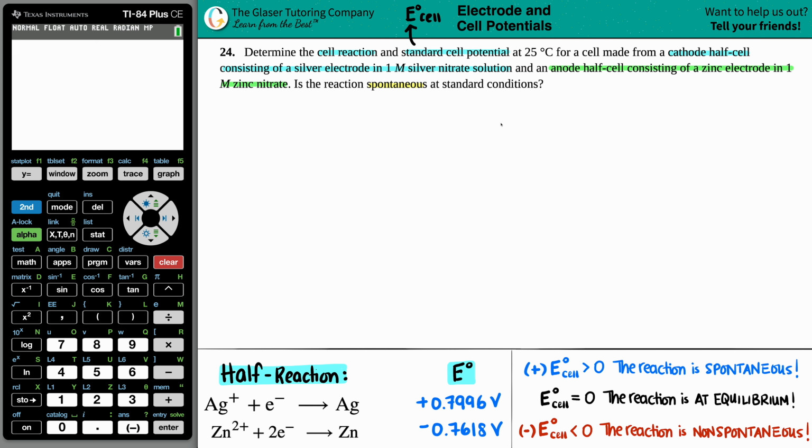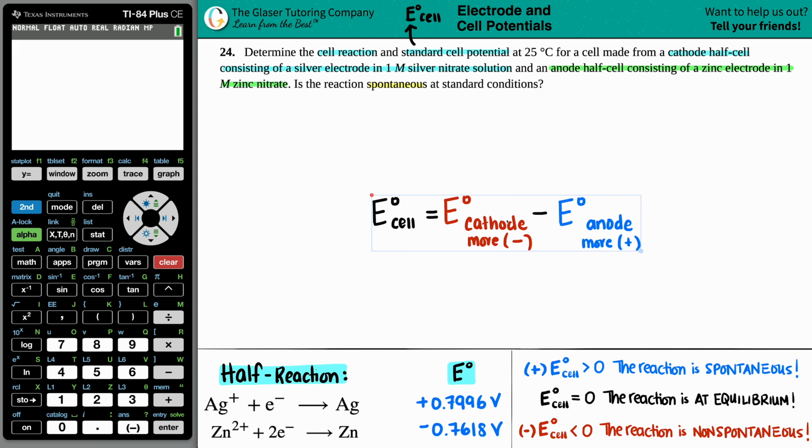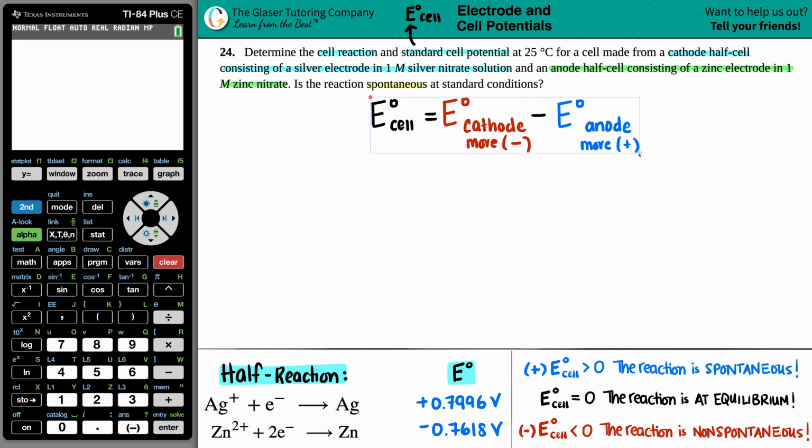So with standard values, I am going to the back of the textbook to find those cell potential values for the half reactions. Now, when we're doing this, the formula to find that standard cell potential, the E cell, is this. So let's just put that up here for now.